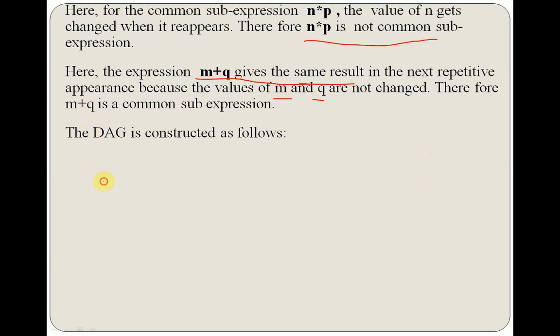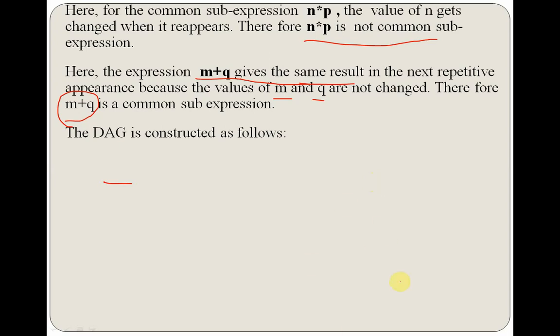Therefore m plus q is a common sub-expression. So by observation we can find this, and how this can be calculated is observed by the DAG construction.